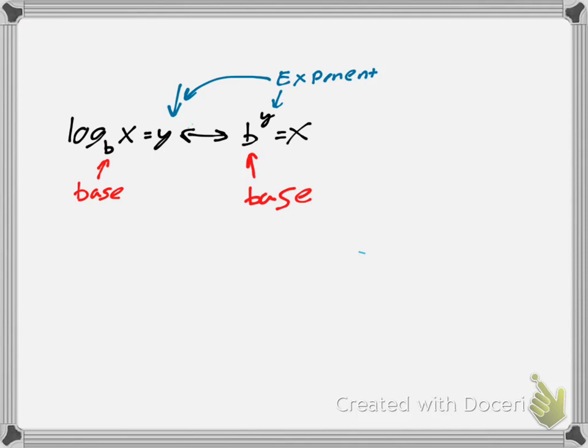And then x is just x. And then you add the log in. So the log base b of x equals y. That's how you say the left side. If that's the case, then b to the y power equals x.